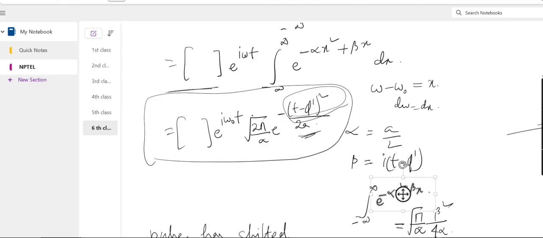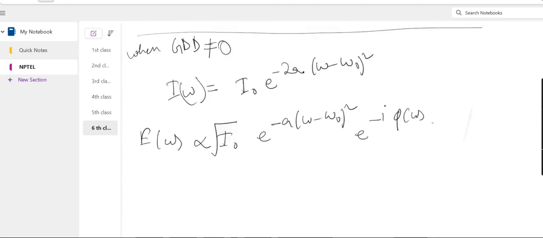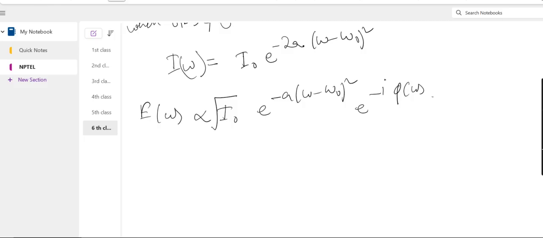Sorry, this should be omega naught, otherwise the whole integration will collapse, because this is the carrier frequency. It is very important.